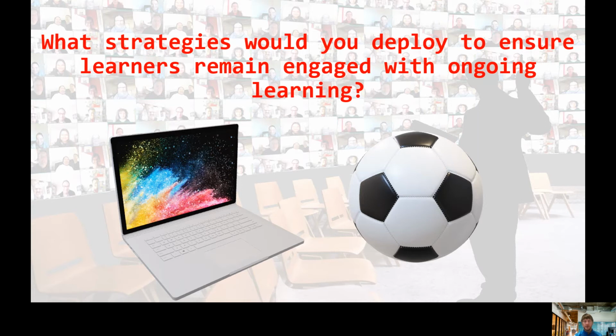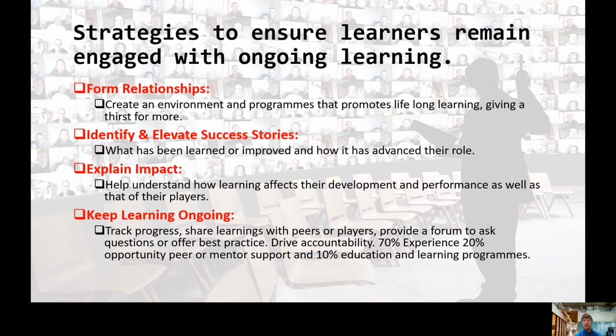So what strategies would I deploy to ensure learners remain engaged with ongoing learning? Well, that'll come from forming those relationships and creating the environment and programs that promote lifelong learning and give them a thirst for more. By identifying and evaluating success stories, so looking at what they've learned or what they've improved and how it's helped to advance them as a coach.